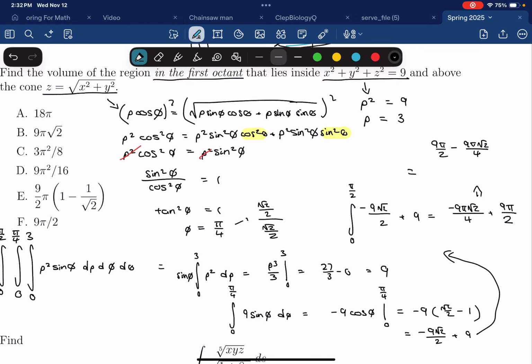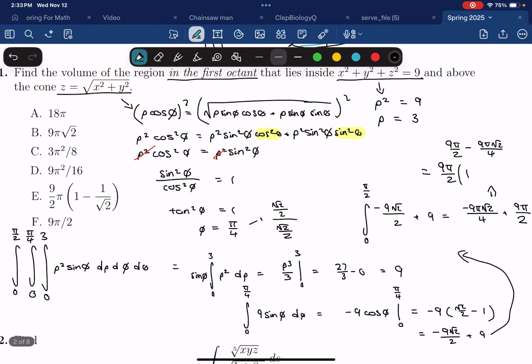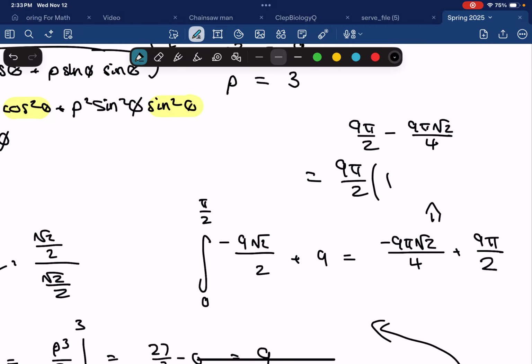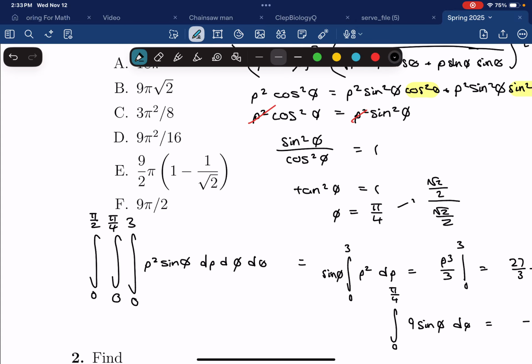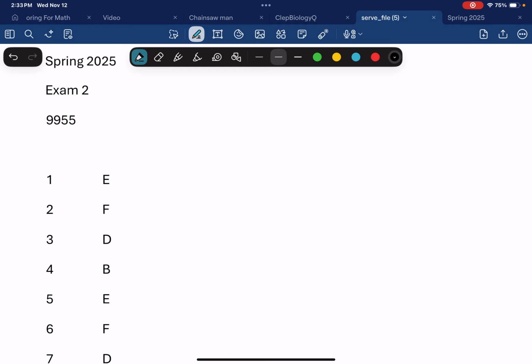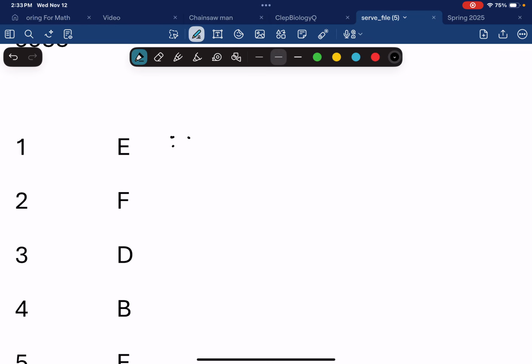And if you factor the 9 pi over 2 out, you just get 1 minus square root of 2 over 2, which gets you the answer E. In this case, E is our answer.